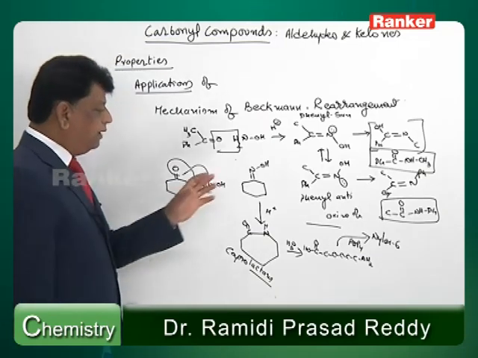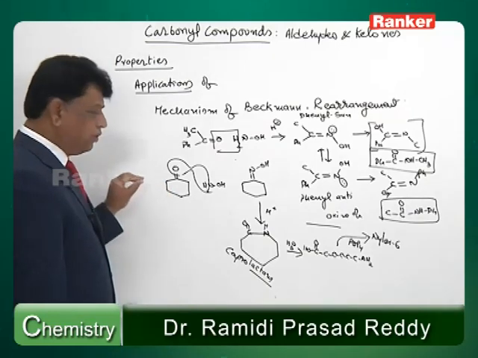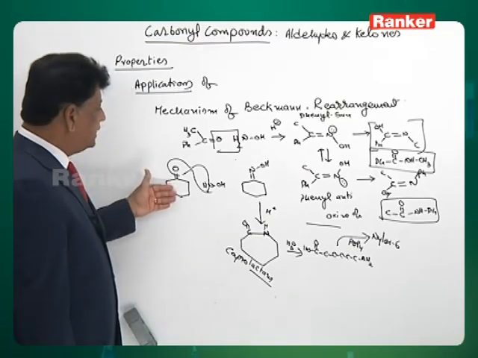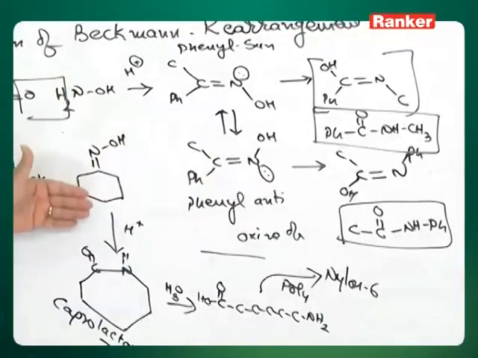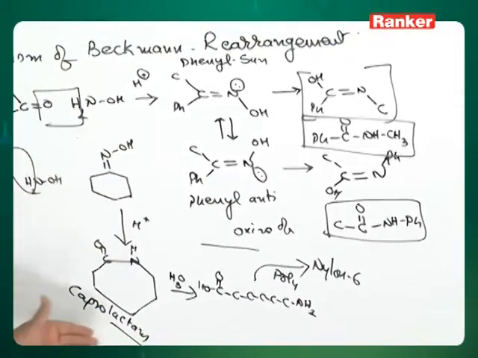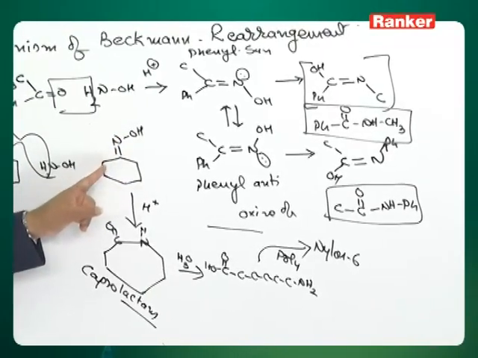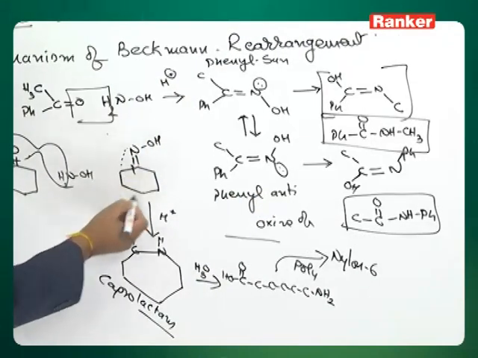How you prepare nylon means generally from phenol reduced to cyclohexanol, oxidized to cyclohexanone. Cyclohexanone is converted to oxime, cyclohexanone oxime. This on Beckmann rearrangement gives the product: the alkyl group opposite to OH is this ring residue. This will cut here and jump to here and make a 7-membered ring.